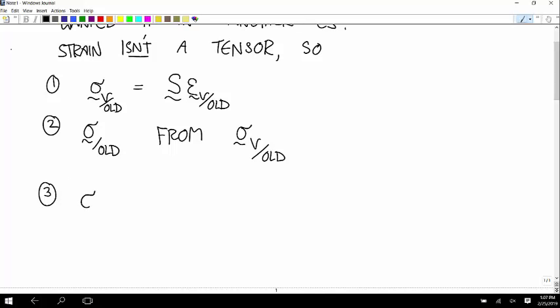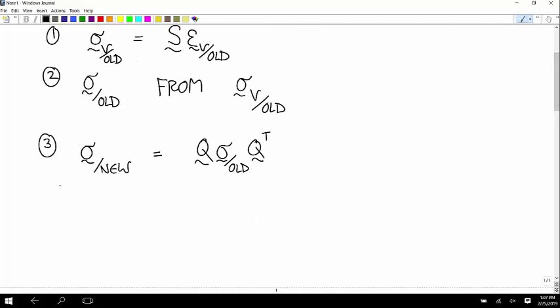Then the stress tensor in the new coordinate system is equal to Q times the stress tensor in the old coordinate system times Q transpose. And then the Voigt stress in the new coordinate system you get from that tensor.